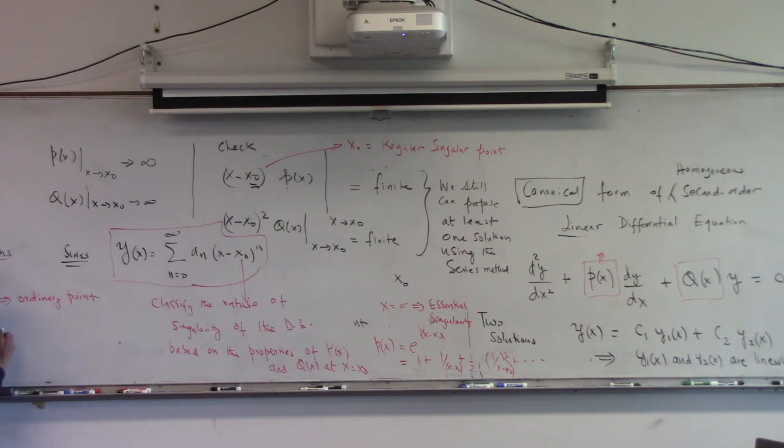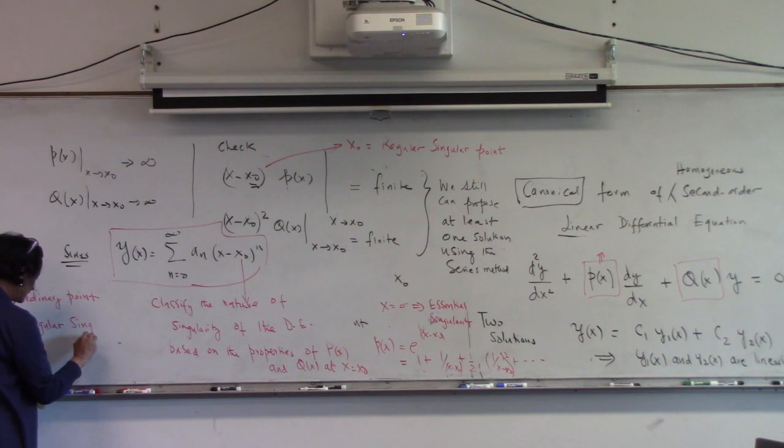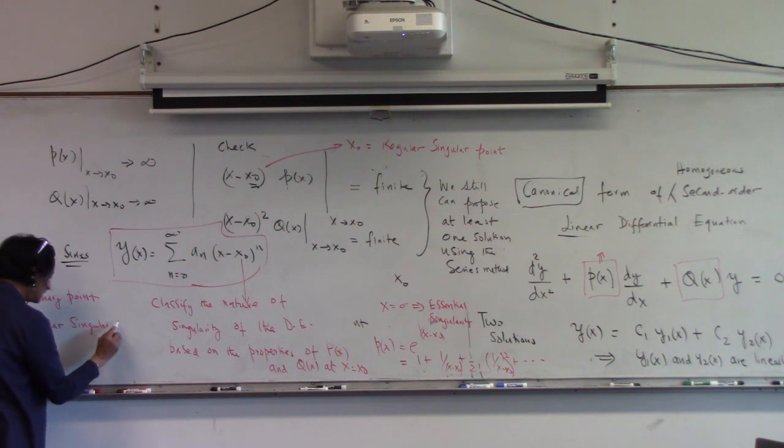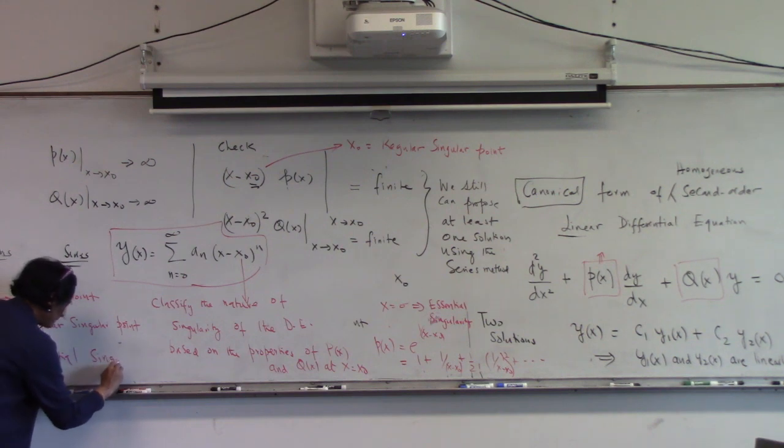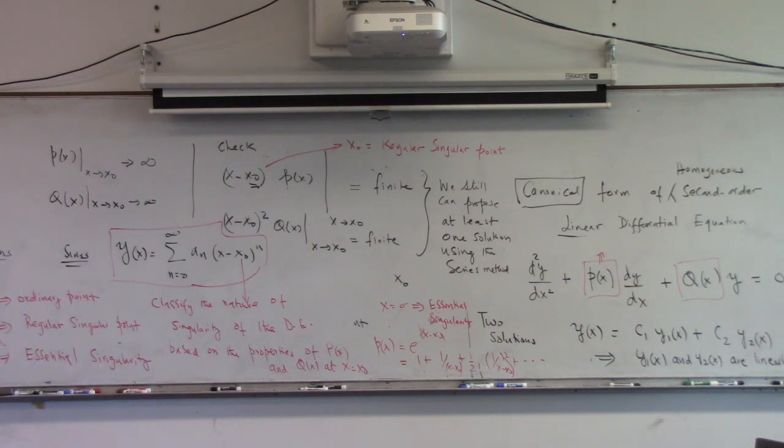It could be a regular singular point, which means you can remove the singularity. It is singular, but p of x and q of x are singular, or one of them is singular. Then it's called a regular singular point or essential singularity. Then we cannot propose a series solution at all, because that series will not converge at all, right? Is this clear? All right.